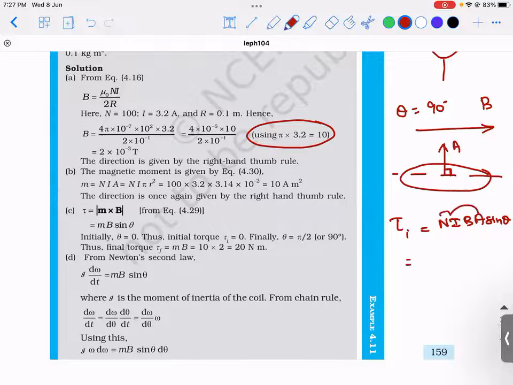This NIA is M, so you can write it as MB sin theta. M you have already calculated: 10.24 into 2 into sin of the initial theta.